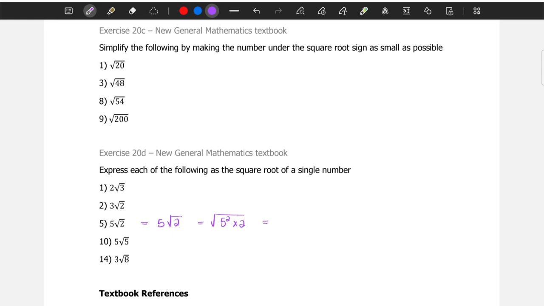So to put it back inside, you say, what do I get if I multiply it twice? And in this case, 5 squared is 25, times 2. 25 times 2 under the rules of multiplication, that's square root of 50.